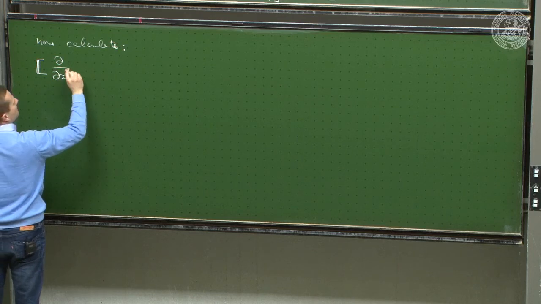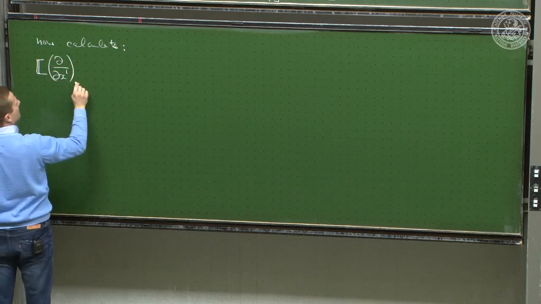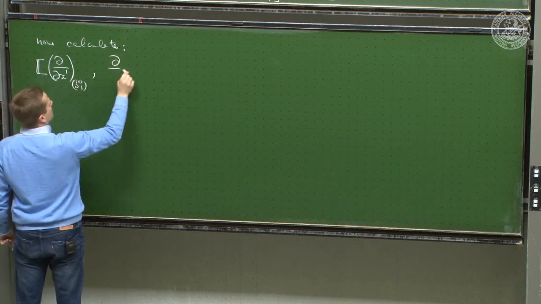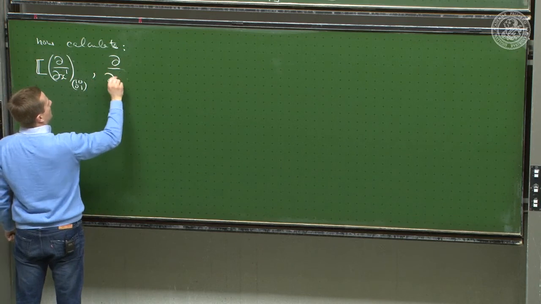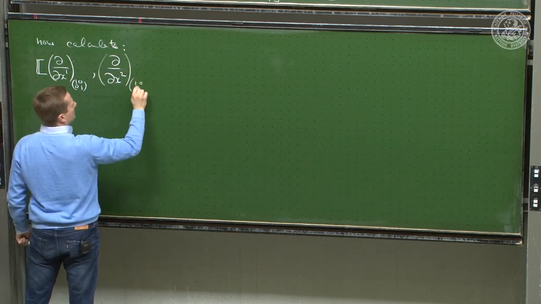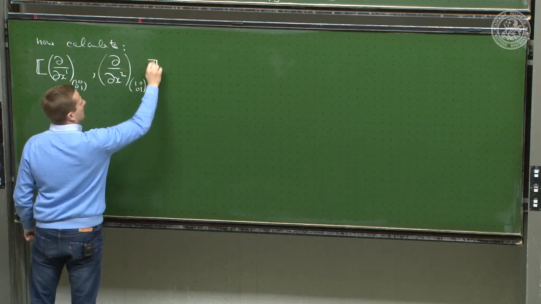Well, let's do a specific example. I can take the first one, x1 at the identity, because that is where this bracket should act, and I can take the second basis vector, x2, at the identity, and for this the bracket is defined.